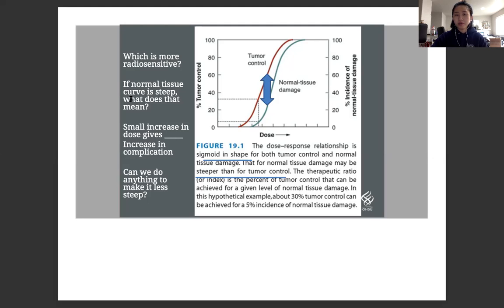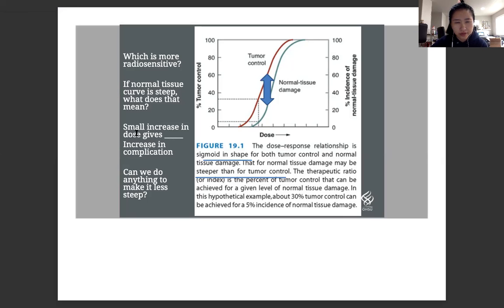The second question is if the normal tissue curve is steep, what does that mean? Normal tissue curve is steep. That means that, I will have to go back to this, sorry about that.